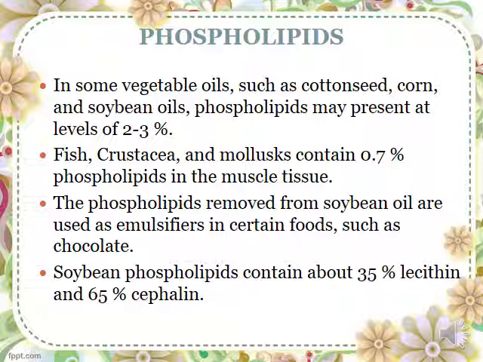Most phospholipid is obtained from soybean oil, and it is used as an emulsifier in certain foods, for example chocolate, which enables mixing of immiscible oil and water components, so it acts as an emulsifier.